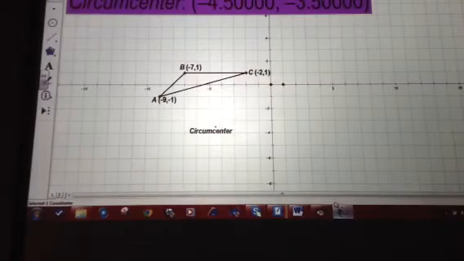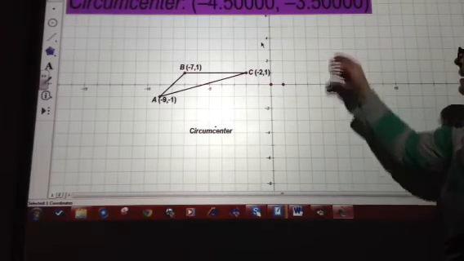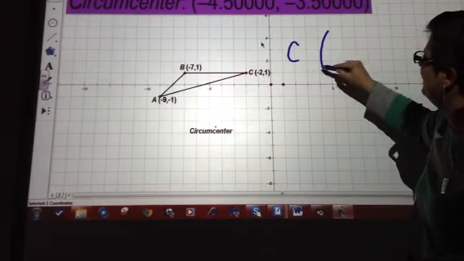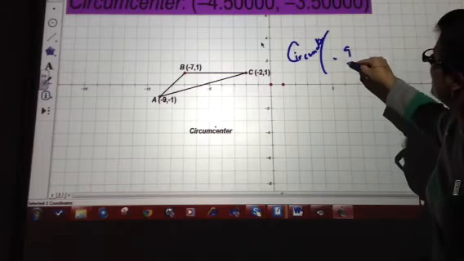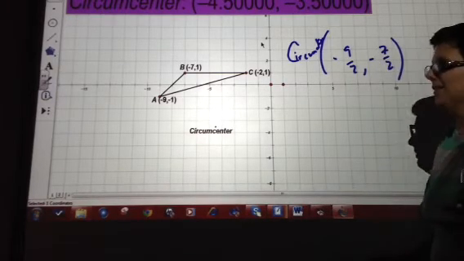If I look what that is, that's a negative 4.5, negative 3.5. And last time I checked, that would be minus 9/2, minus 7/2. And you can say either of those.